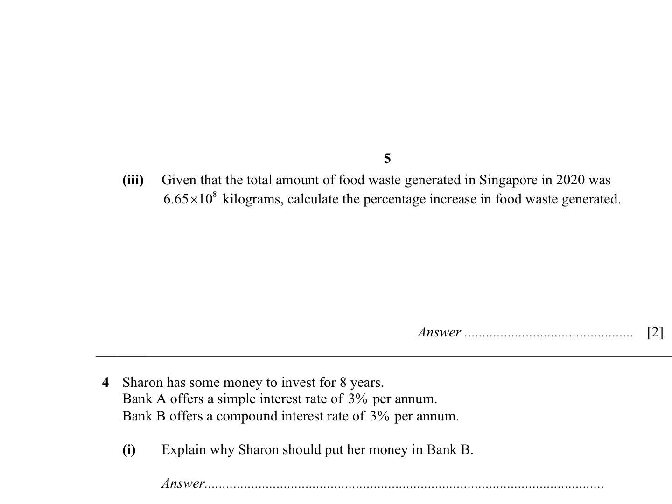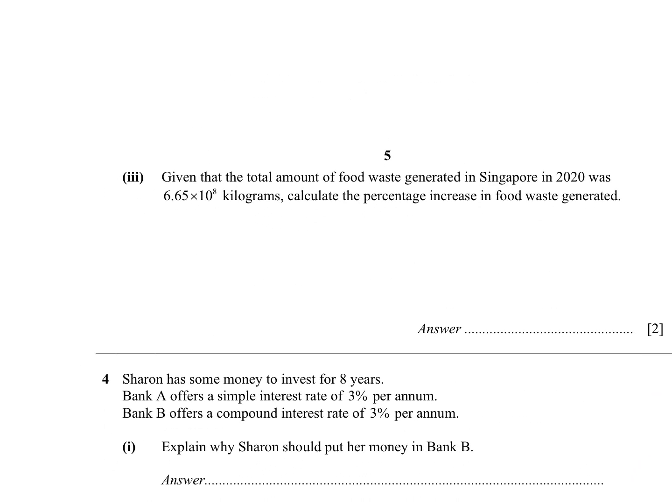Okay, this one. Given that the total amount of food waste generated in 2020 was this amount, find the increase in the food waste. So this is 2021. 2021 is this kg. Okay, 2020 is this. So to calculate the increase, you use the bigger minus the lesser.